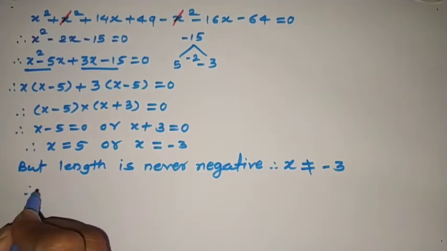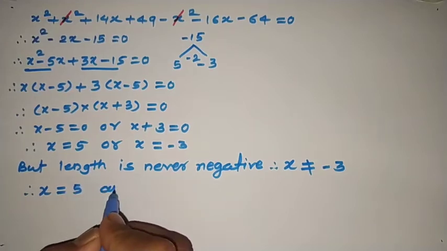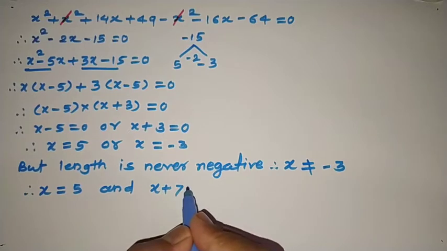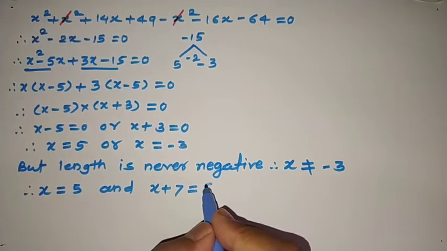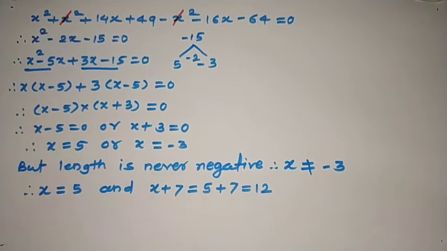Therefore x is equal to 5, and x plus 7 is equal to 5 plus 7 is equal to 12.